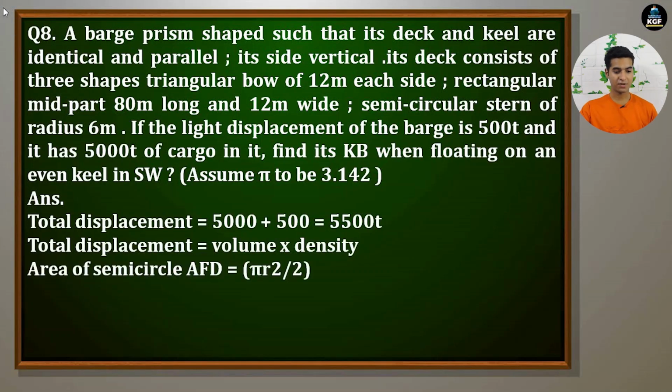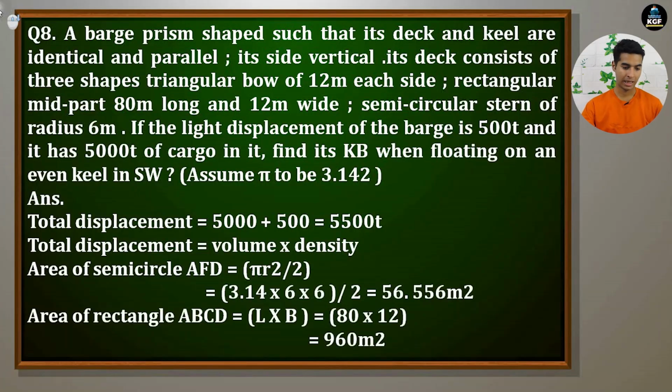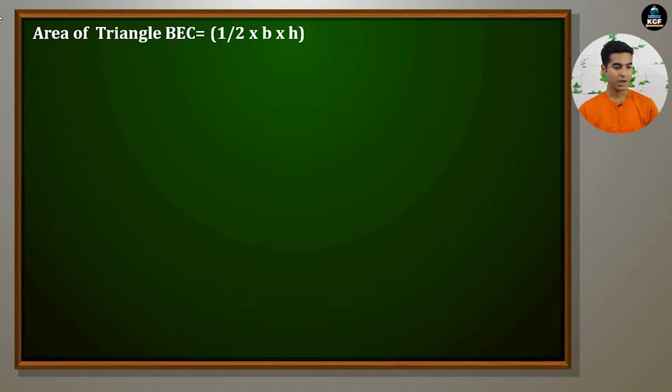Now, area of semicircle AFT equals pi r square divided by 2, which equals 56.556 meter square. Area of rectangle will be 80 into 12, which equals 960 meter square. Area of triangle BEC will be half into B into H, which equals 62.34 meter square.